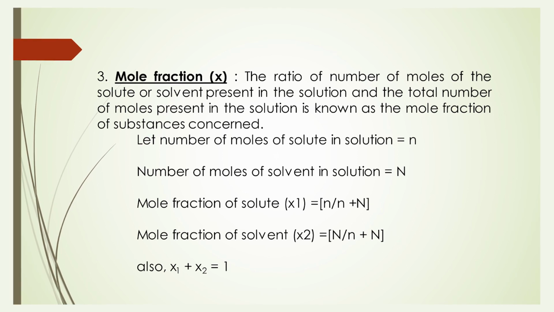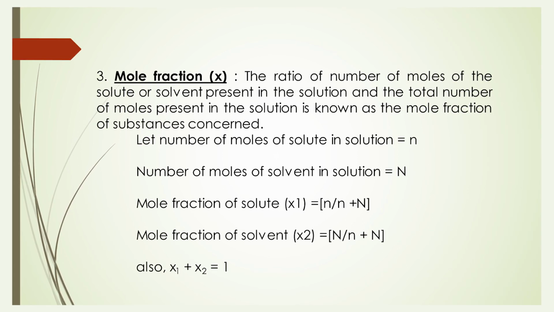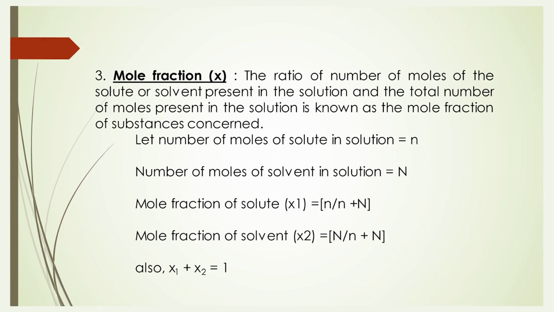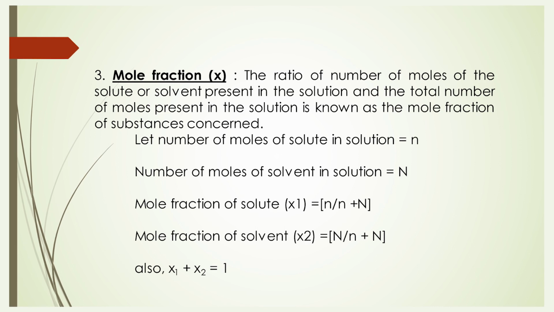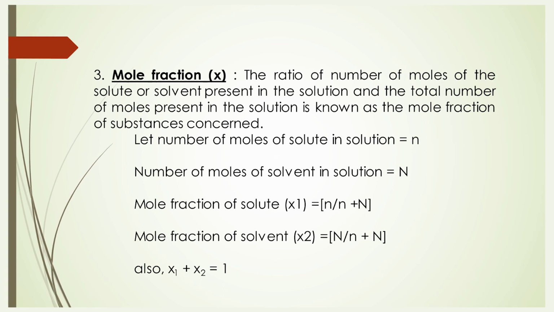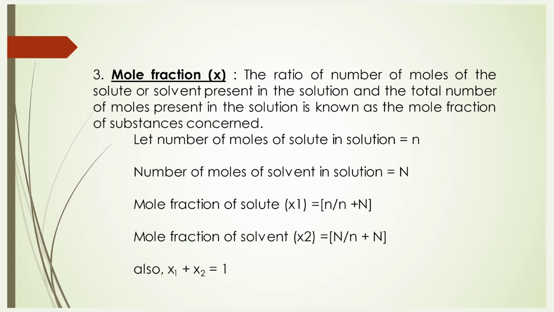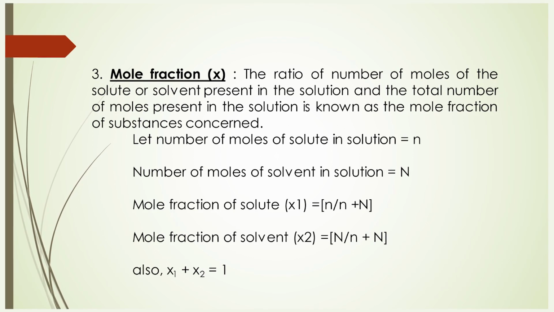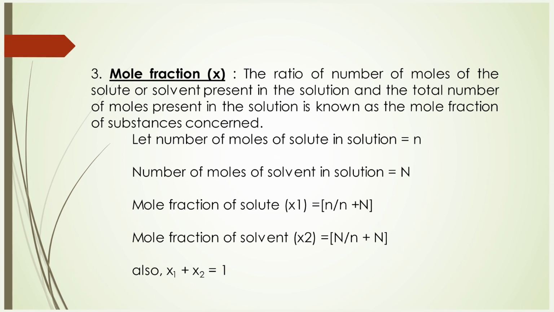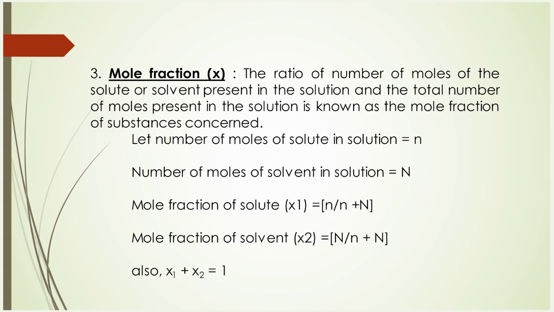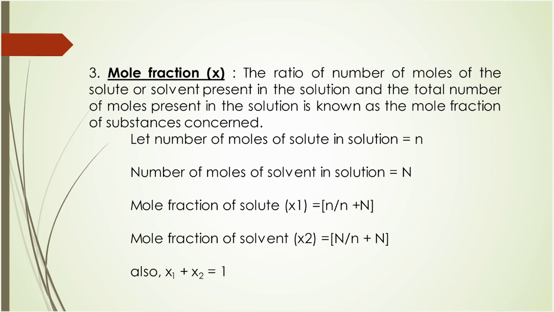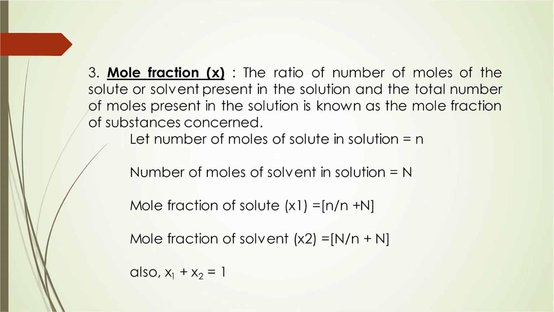Molar mass of octane is 114 gram per mole. The number of moles, that is n2, is equal to 11.4 gram divided by 114 gram per mole, which is equal to 0.1 mole. Now, the mole fraction of benzene is calculated. Chi 1 is equal to n1 divided by the total number of moles, that is n1 plus n2.